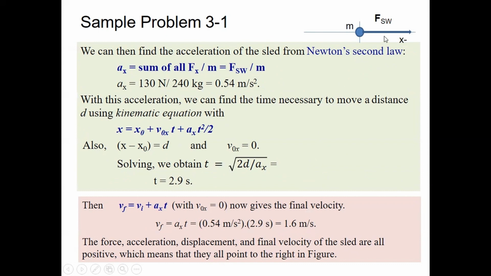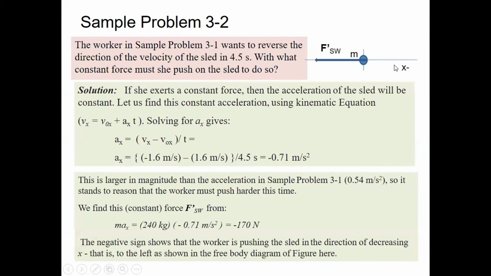So it is going in this positive x direction, and we now want to reverse the direction. In the second problem, F prime must be applied on the sled by the worker to do this. The question is: what will be the constant force?